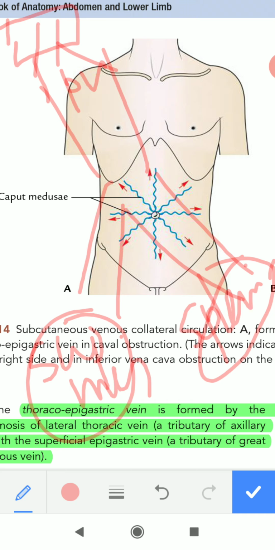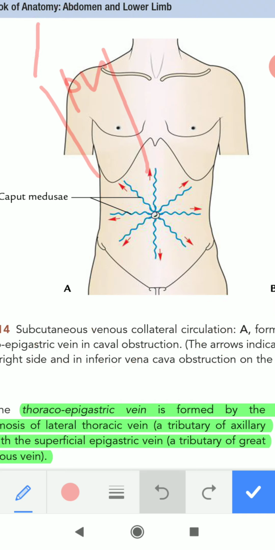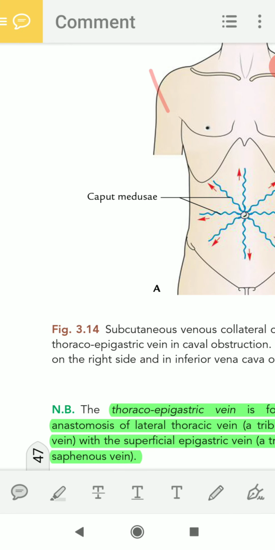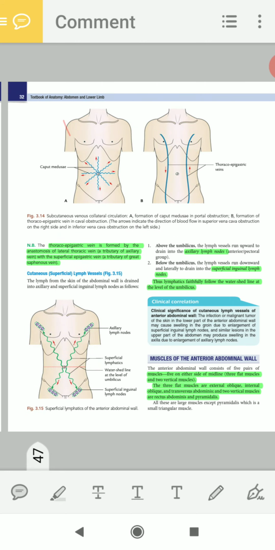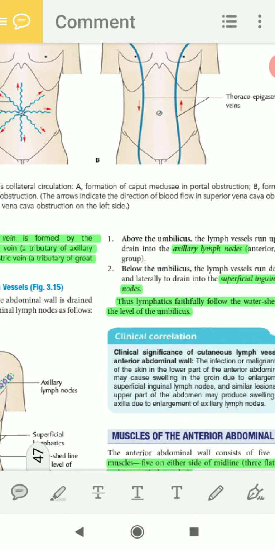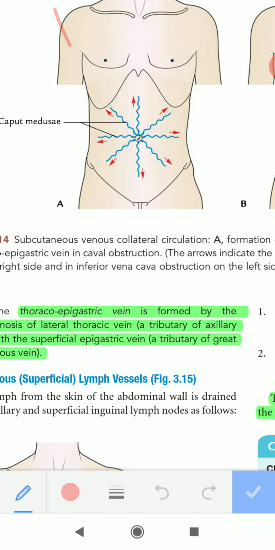Now, if there is any portal vein obstruction, the anastomotic vessels around the umbilicus, that means the superficial veins of the abdomen as well as the para-umbilical veins, which are anastomotic with each other around the umbilicus, become dilated and tortuous due to obstruction, and they look like the spokes of a wheel.